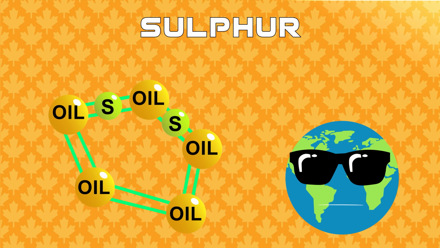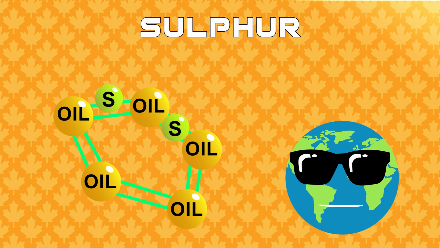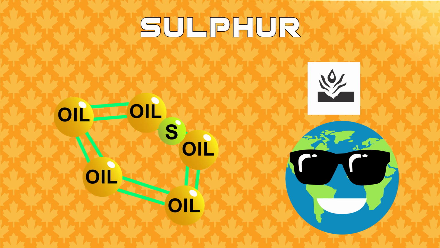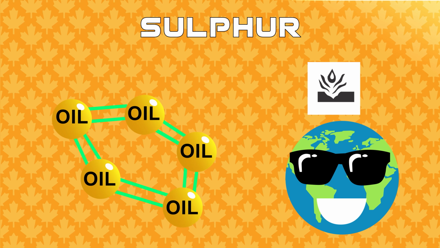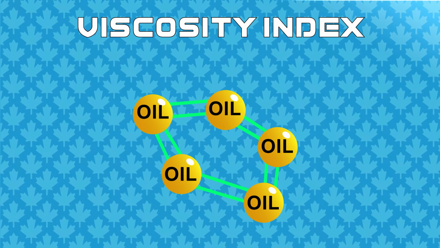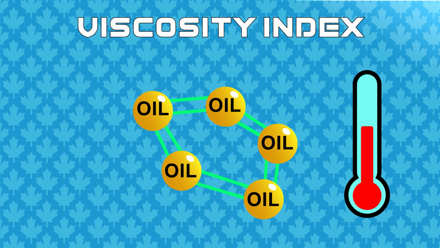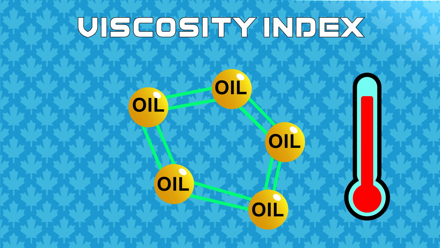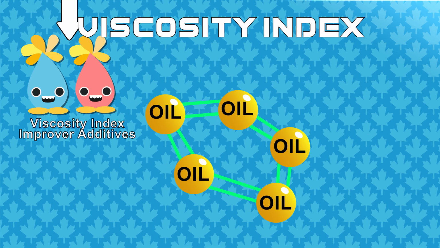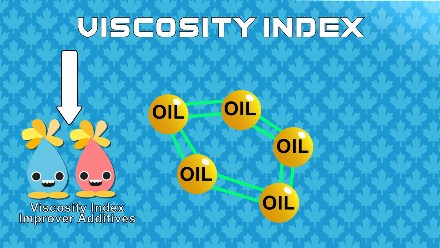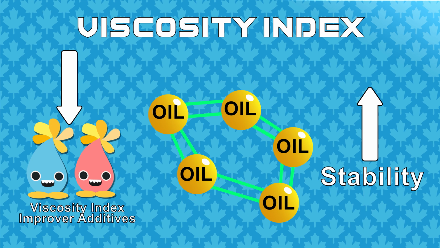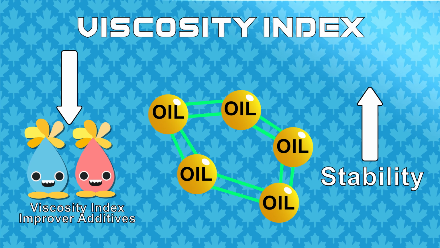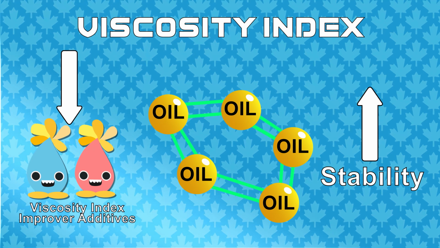The lower the sulfur content, the lower the environmental effects and the lesser potential for corrosive damage on modern exhaust systems. Finally, the higher the viscosity index, the less the base oil's viscosity will change with fluctuations in temperature. Therefore, less viscosity index improver additives will be required. The higher the shear stability will be, and the longer the base oil will last.